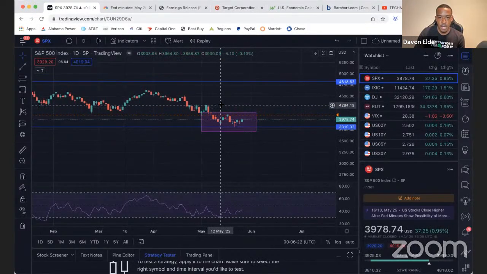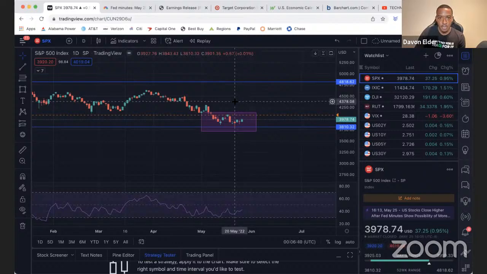This is our double bottom. We had a low on May 12th, and we came right back again on May 20th, because we closed at 3,930.09 on May 12th.